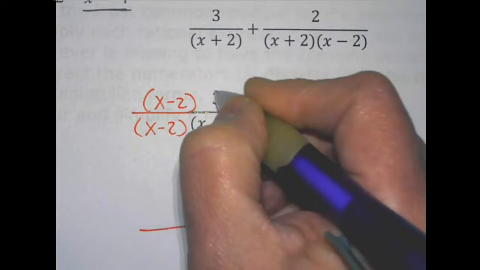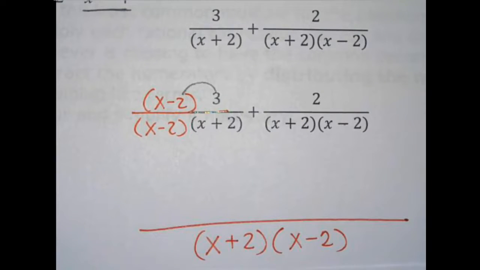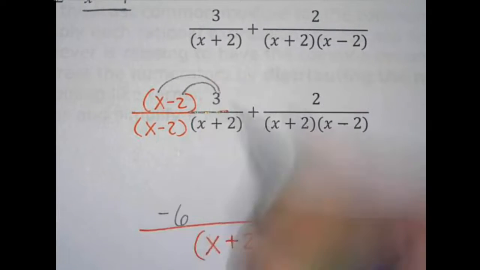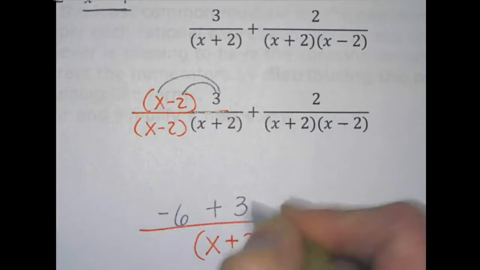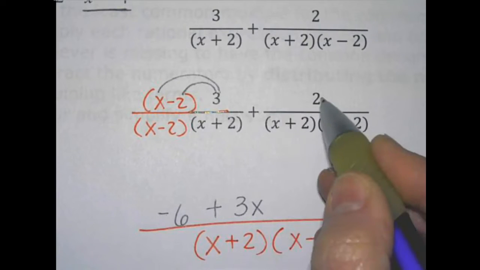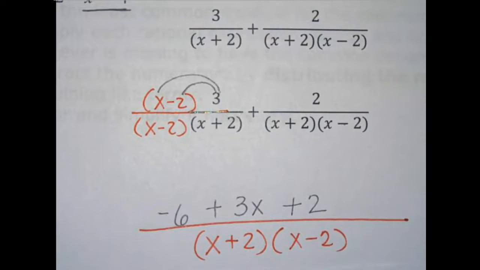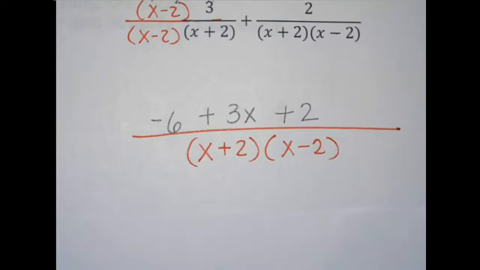To get my numerator, I'm going to need to distribute that. That would make a negative 6 plus 3x. And then from this fraction, I have a plus 2. Now in the numerator, I need to add like terms.